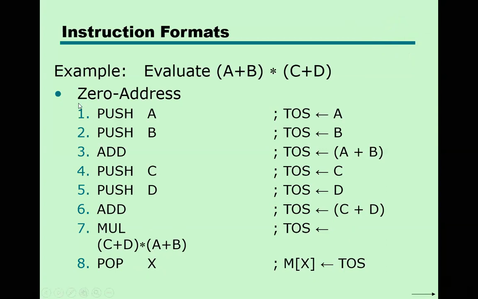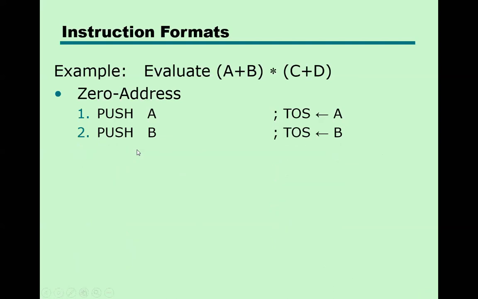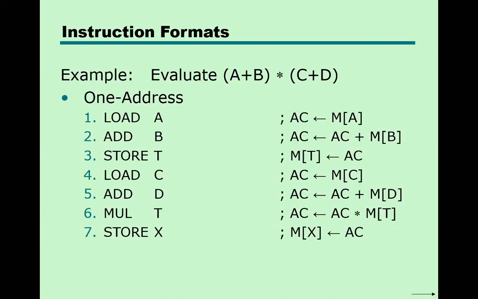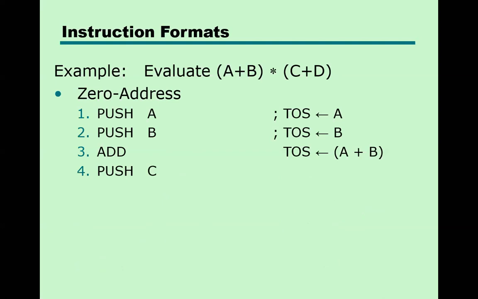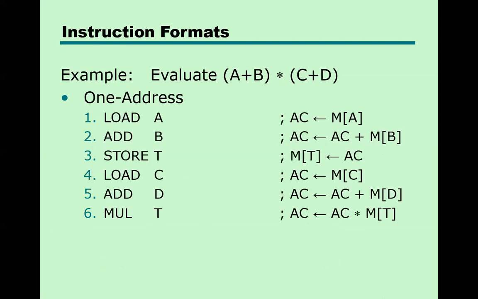Now the concept is like a zero address, but actually here we are using addresses. Why are we calling it zero address, one address, two address? Because explicitly we are not writing any addresses here, but implicitly we are using them.